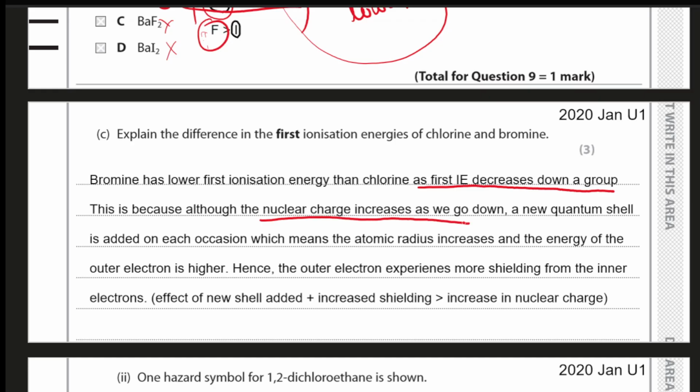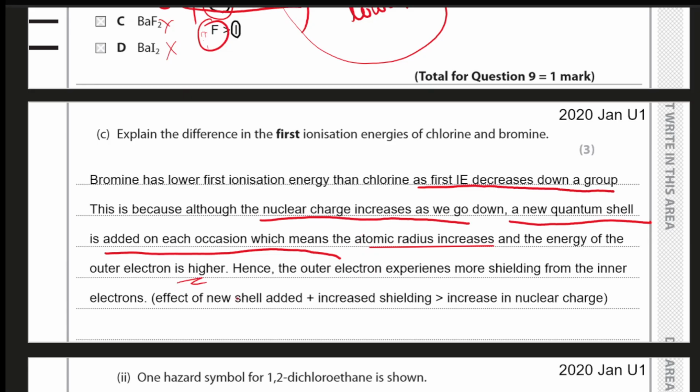Even though the atomic number increases, which in turn means the nuclear charge increases, what happens is that a new quantum shell is added at each period. The addition of a new quantum shell means that the atomic radius increases. So if the atomic radius increases, the outer electron is further from the nucleus and easier to remove.